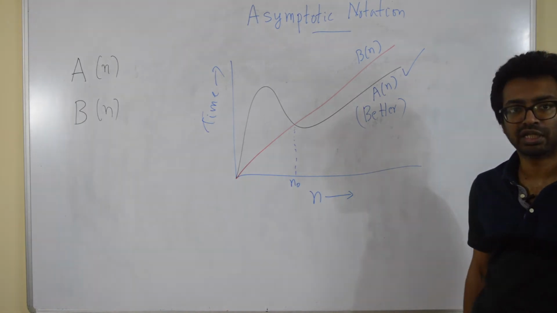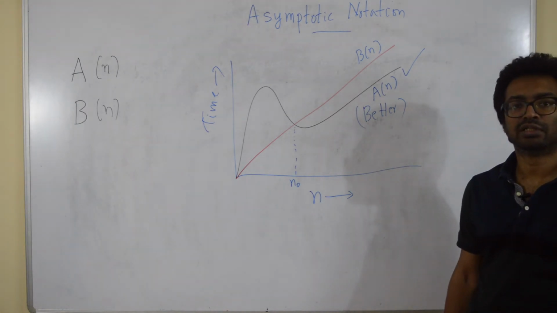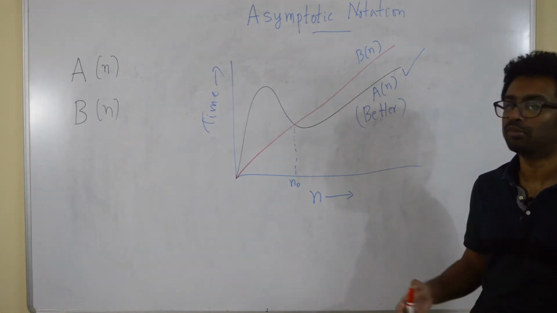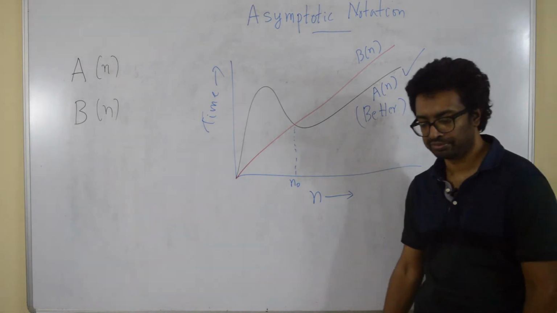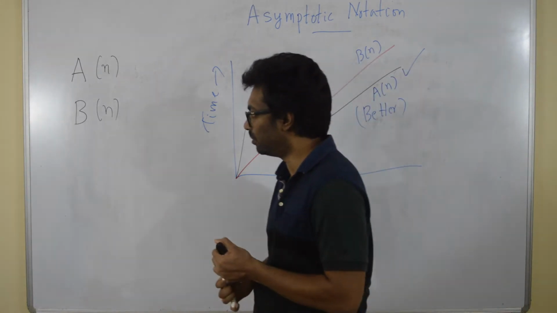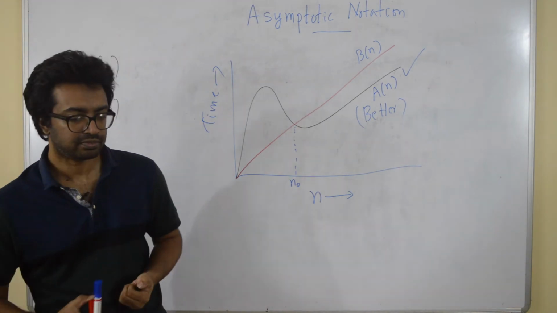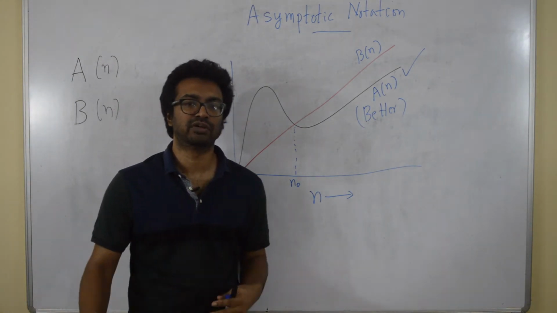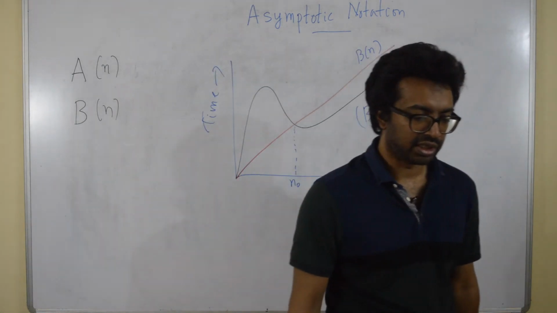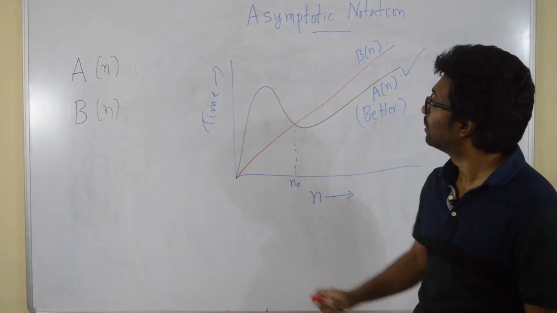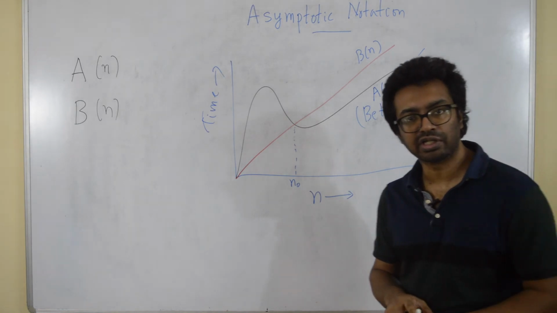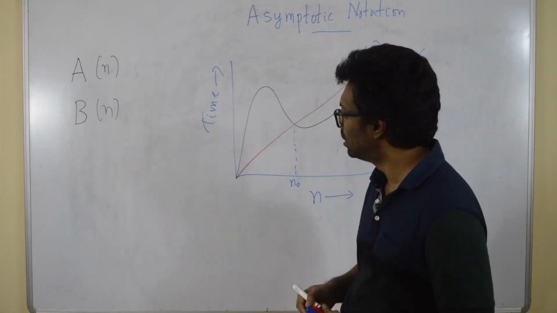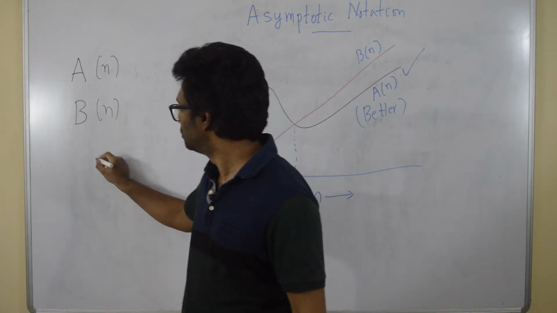The second notion is that the algorithm should be talking about large input, not small input. These are the two notions we would want to use in our comparisons of algorithms. And this brings us to our first notation, called the big O notation.